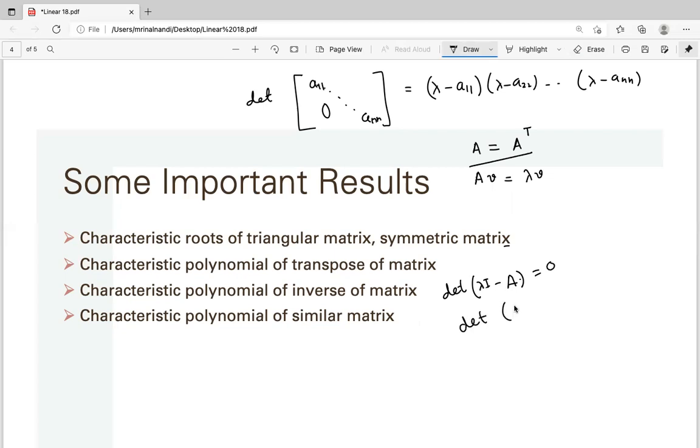So the determinant of lambda I minus A transpose is 0. So A and A transpose have the same eigenvalues. The characteristic polynomial is the same polynomial actually.